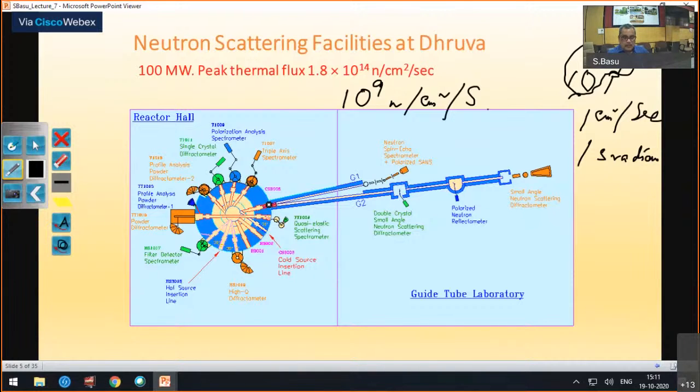Now, what comes out here, as I told you, is 10 to the power 9 neutrons per centimeter square per second. It's a Maxwellian.